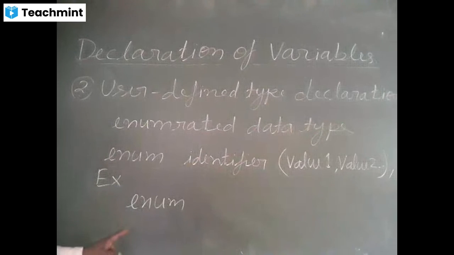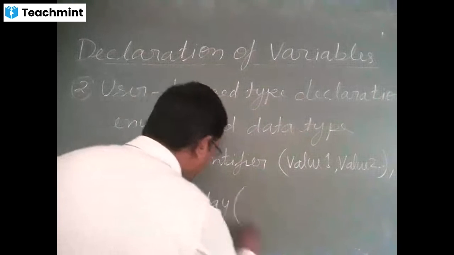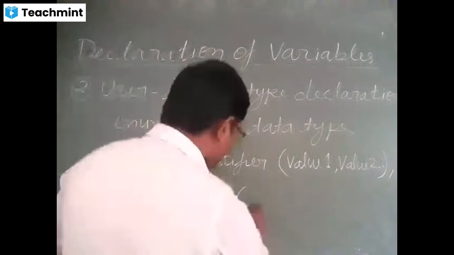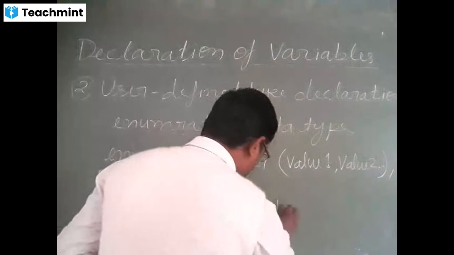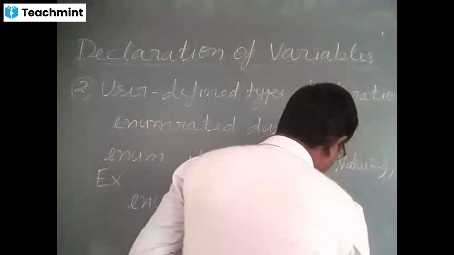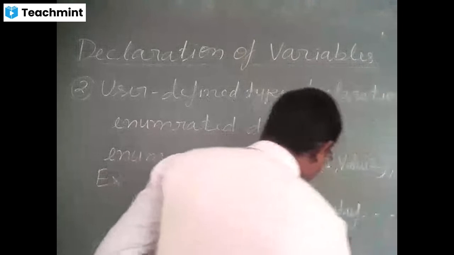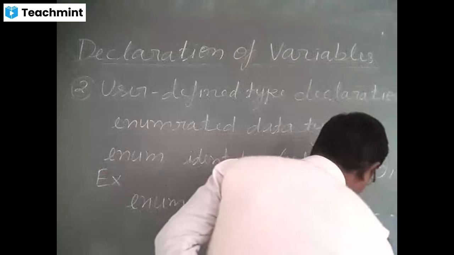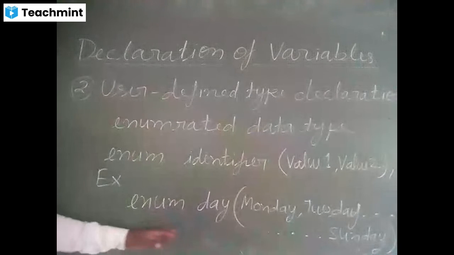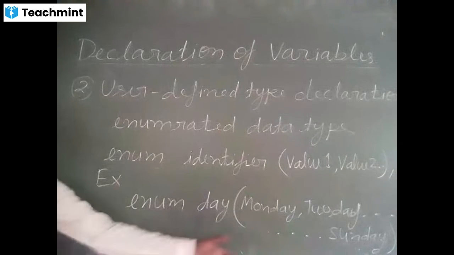First we write enum, and after that we write day, and in brackets we write the values of day. What are the values of day? Monday, Tuesday, and so on, and then Sunday. We declare the day by using the enumerated data type like that.